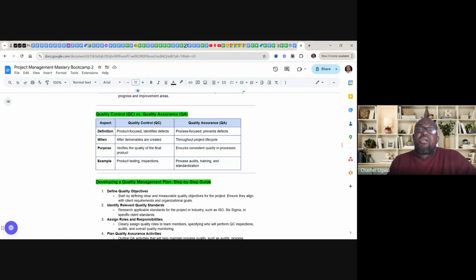So quality assurance is mainly talking about process focused improvement, and quality control is product focused. After building a software, you look for defects. Or after building an automobile like a car, we look for defects in that particular product.